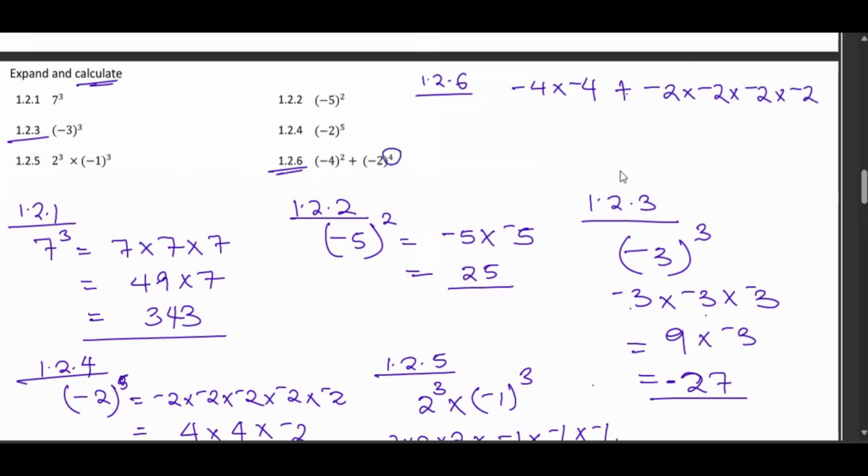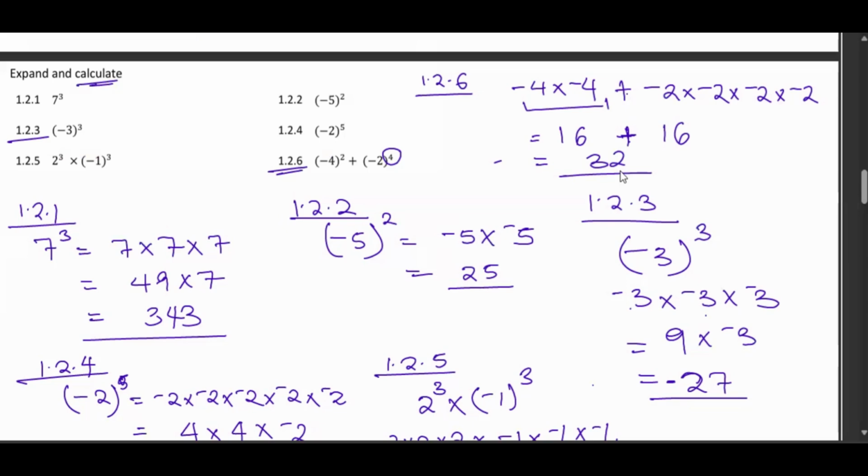Now, here we know we're going to get a positive answer, which is 16. Don't forget, we are adding. Then negative 2 to the power 4, you get a positive 16. So here the answer also became 32.